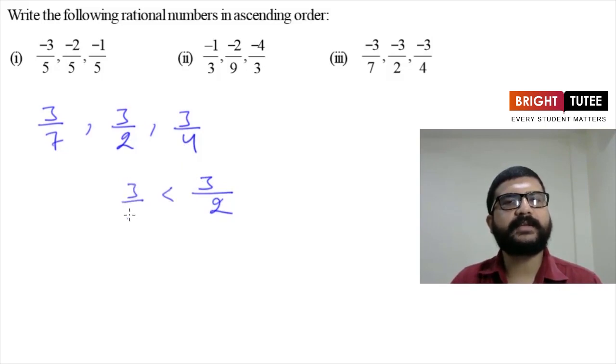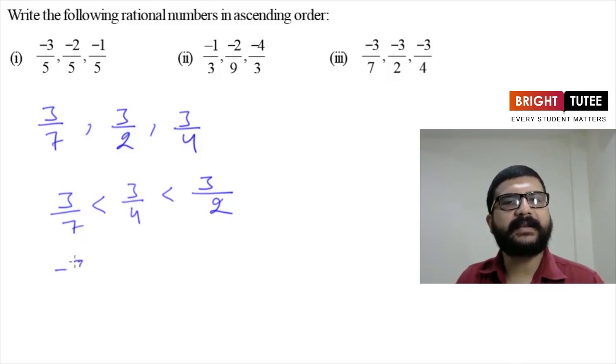So 3 upon 4 is less than 3 upon 2, and then we are having 7 denominator, and it is the biggest denominator. So therefore this number is the smallest here. So it will be 3 upon 7. Now if we put negative signs, we have to change the signs of inequality. So then what will be the smallest number?